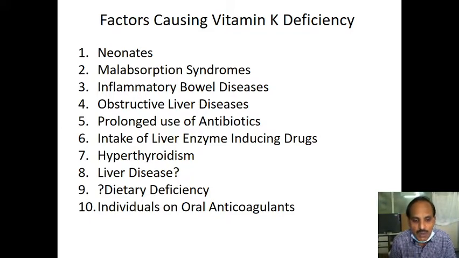If it is asymptomatic, there is a different line of approach. If it is symptomatic, there is a different line of approach. Those details we will go into when we reach the vitamin K related anticoagulants which we use in therapeutics, and see how to monitor and how to judge, whenever someone is receiving oral anticoagulants, what intervention we need to do.